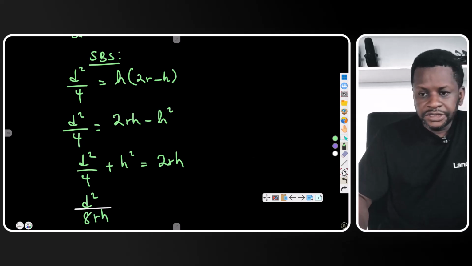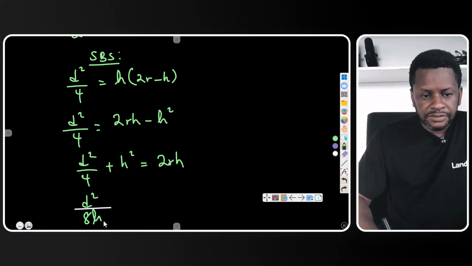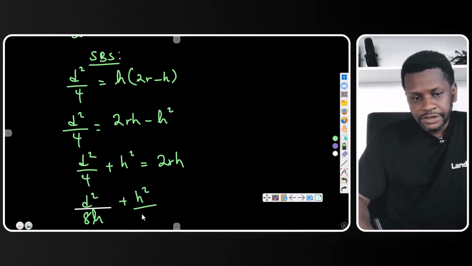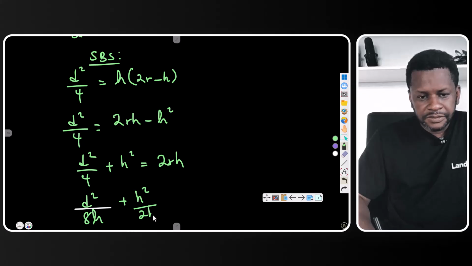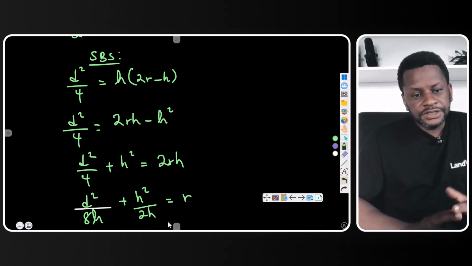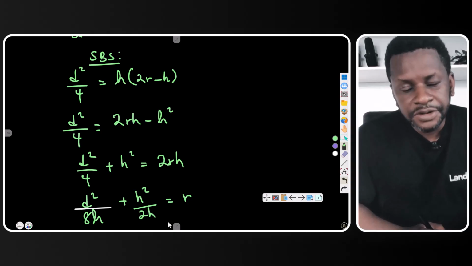Well, not rh, I'm sorry. d squared over 4 or 8h plus h squared divided by 2h, and that just gives you r. Now this is the result that you get.